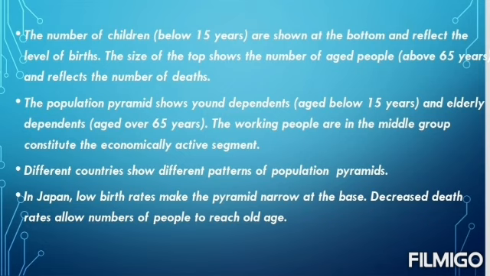The working people in the middle group constitute the economically active segment. Different countries show different patterns of population pyramid. In Japan, low birth rate makes the pyramid narrow at the base. Decreased death rate allows numbers of people to reach old age.